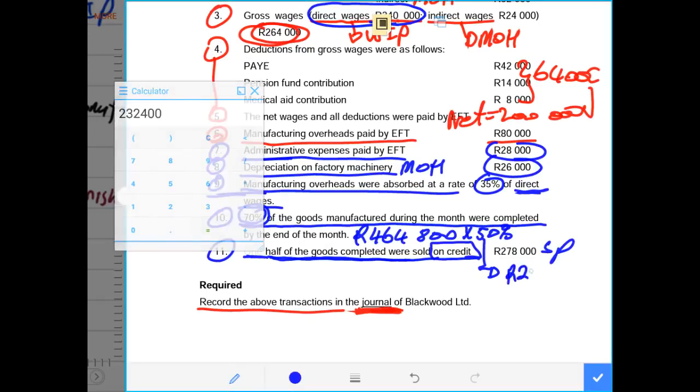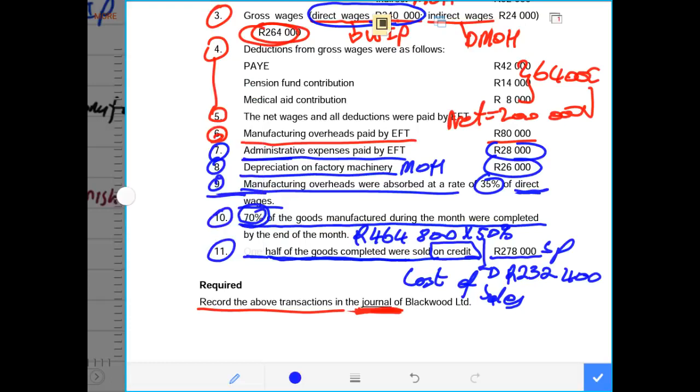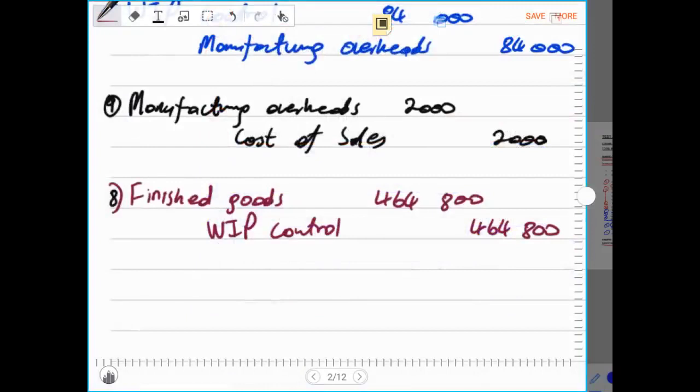So that means 232,400 of inventory was sold, and this is the cost of sales, the cost of goods that were sold, and these goods were sold at 278,000 rands. So now let us record the cost price. Then after, we also record the selling price.